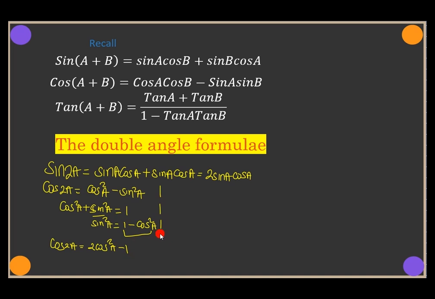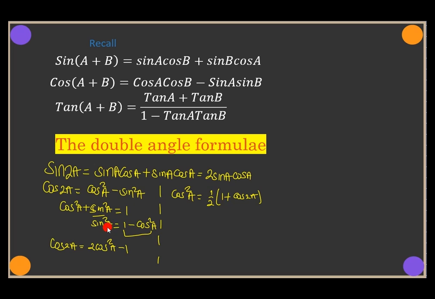And that one can lead us further to this result: from here I can make cosine squared A the subject of the formula. It is going to be equal to a half into 1 plus cosine of 2A.